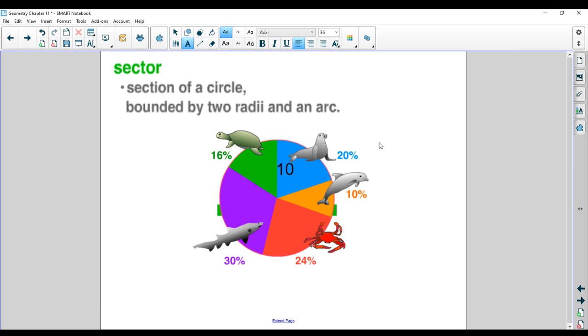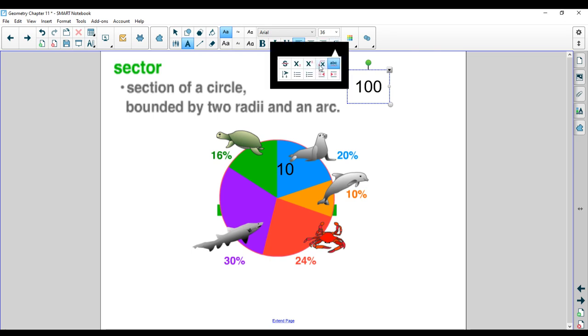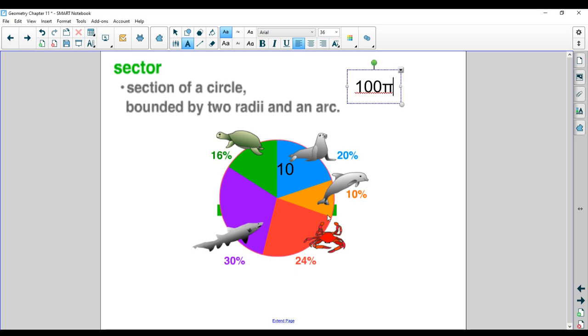If the radius were 10, that means the area of the circle would be 100 pi, right? 100 pi. So my area is 100 pi. That also means that my circumference is taking the radius, doubling it, times pi. So my circumference is 20 pi.